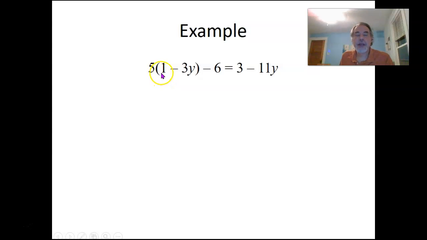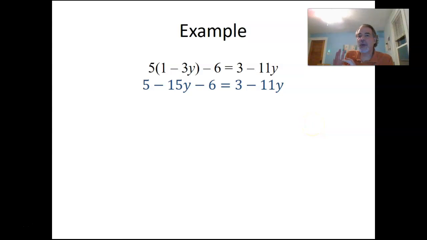5 times, in parentheses, 1 minus 3y, minus 6 equals 3 minus 11y. First thing to do, remove the parentheses. If I multiply this out, 5 minus 15y minus 6 equals 3 minus 11y. Okay, now do you see anything that we can combine?